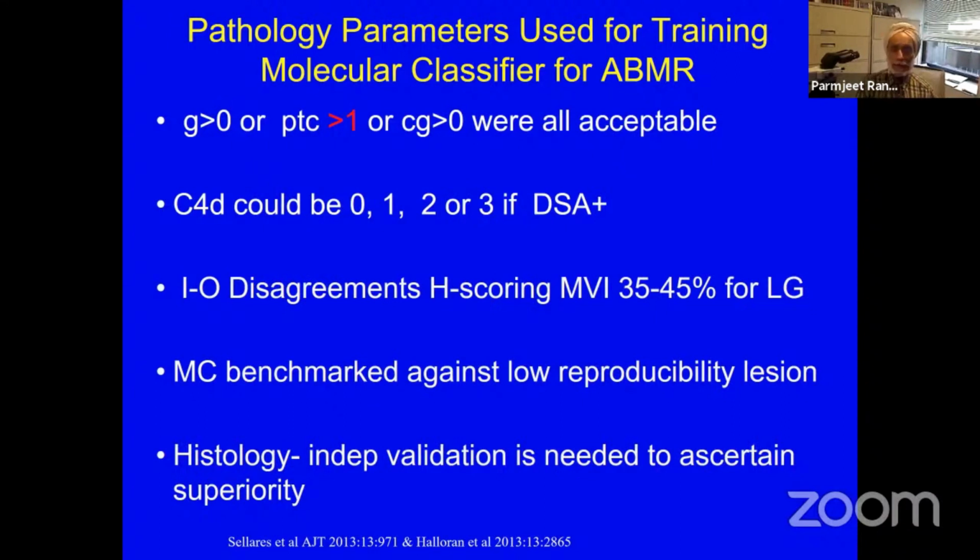Therefore, they cannot inherently be regarded as superior to histology. So if you have to show that molecular interpretation is superior to histology, you need an independent validation without using the histology. And that can come from clinical parameters. And unfortunately, that's a lot of work still to be done in that area.